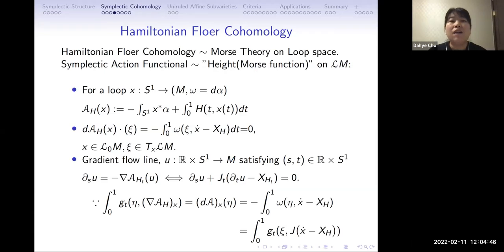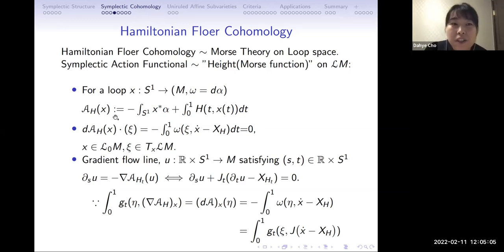So Hamiltonian Floer cohomology is a Morse cohomology on the loop space of a symplectic manifold, and the Morse function is the symplectic action functional. Can you see my cursor?